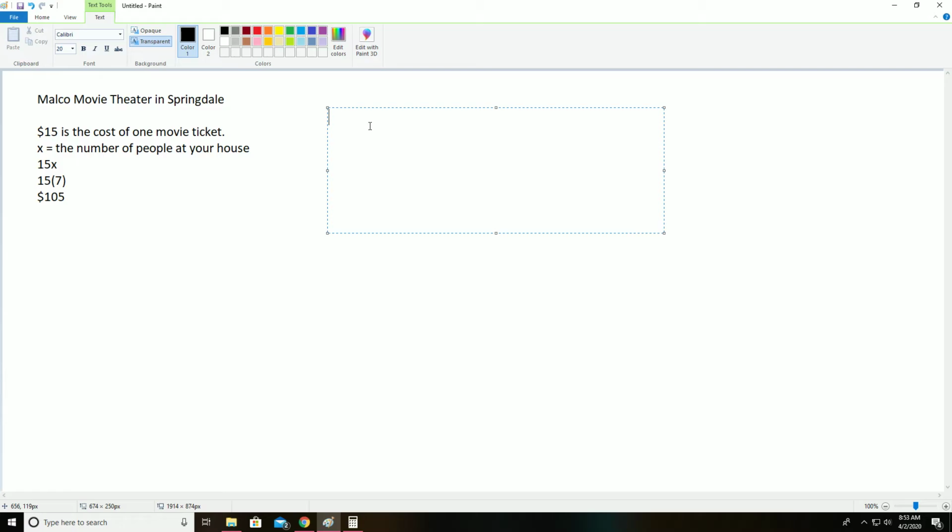There's a place in Fayetteville called the Retrocade. The Retrocade is an arcade that has old arcade games from the 80s and 90s. I believe it's $5 or $7 to get in. And so let's say you want to go to the Retrocade with 4 friends, or let's say 5 friends.